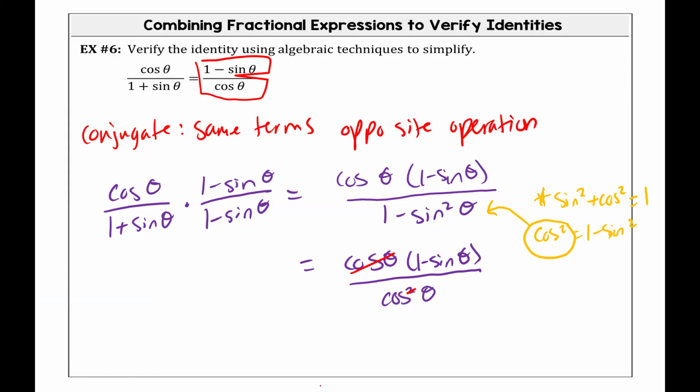We can't do one time calculation. I have a square in the numerator, and this is a factor because it's being multiplied, right? Factors are numbers that are being multiplied. So we came down to 1 minus sine theta all over cosine theta. And we proved that they are equal.